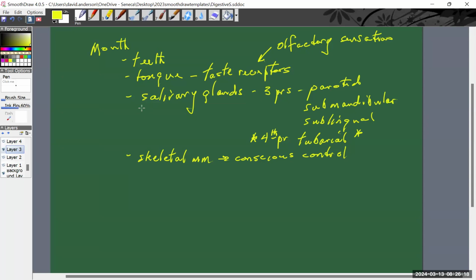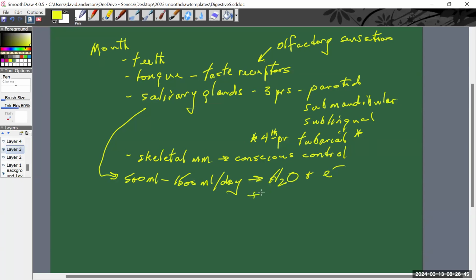So when we look at these salivary glands, they produce anywhere from 500 mils to maybe 1,500 mils per day of secretions. And most of that's water, plus some electrolytes.